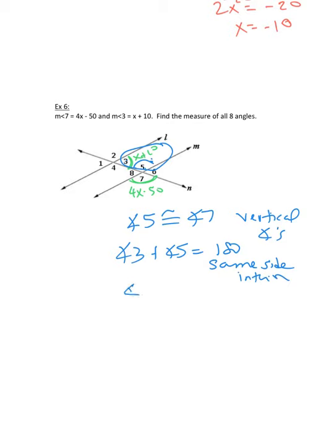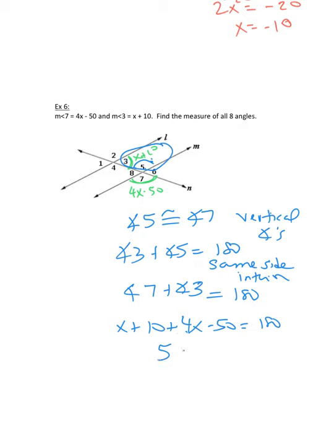And so angle 3 plus angle 7 must also add up to 180. So I just do x plus 10 plus 4x minus 50 is equal to 180.